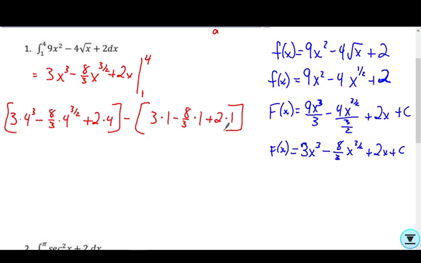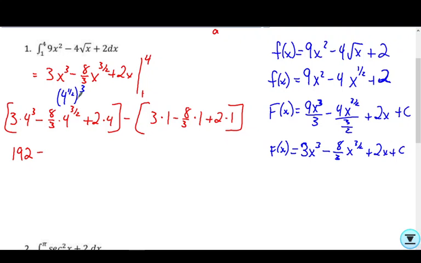So here we go. We got 4 cubed. So 4 cubed is 64 times 3 is 192, minus, and now 4 to the 3 halves power. This is basically the same thing as 4 to the 1/2, cubed.